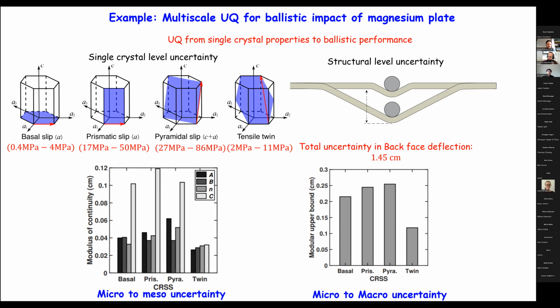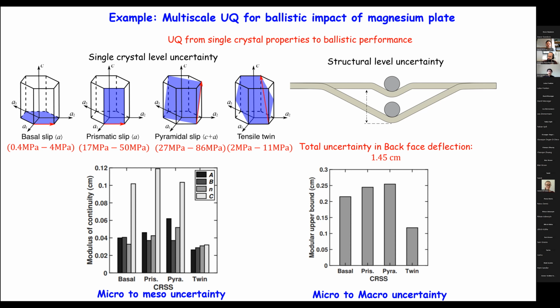Using this McDiarmid inequality combined with this theorem of modulus of continuity, we can show that we can really characterize how these single grain scale uncertainties will propagate through different length scales. For example, what I'm showing here is a decomposition of the modulus of continuity, basically the uncertainties caused by moving from micro scale uncertainty to middle scale uncertainties.